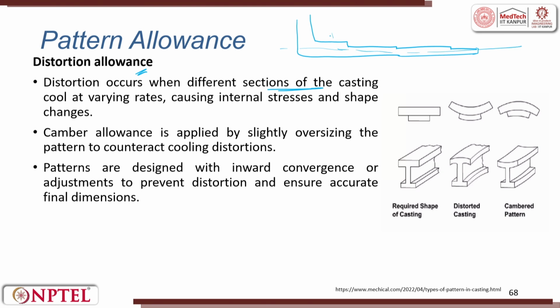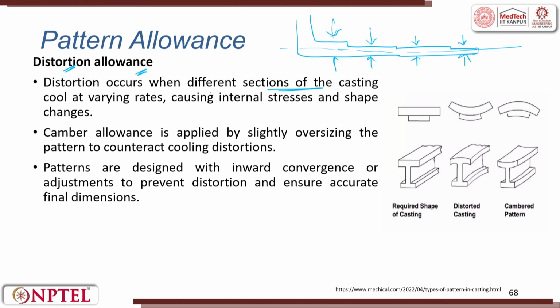At different cross sections, now what is happening? The solidification happens at different periods of time. Because of this, it introduces a residual stress in the component. Because of the residual stress which is induced, you will always get a distorted component. So, in order to remove this, we give a distortion allowance.